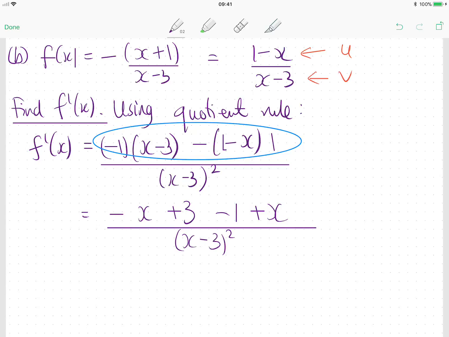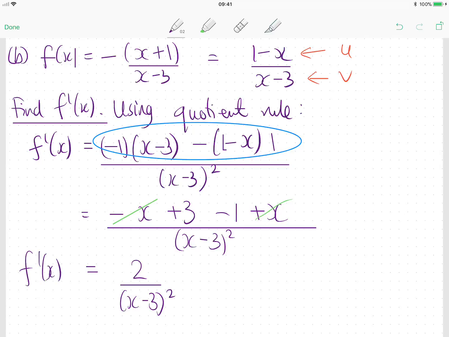The bottom stays the same. And oh, we're very fortunate here. The x's cancel, leaving just a constant, which is just 2. And on the bottom, that doesn't change, x take away 3 all squared.